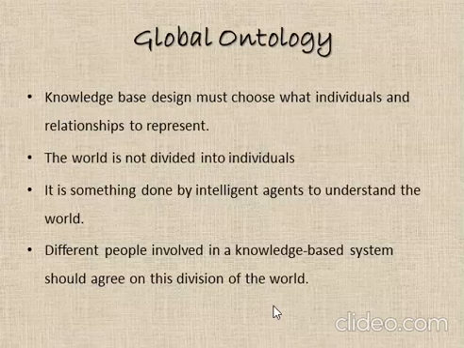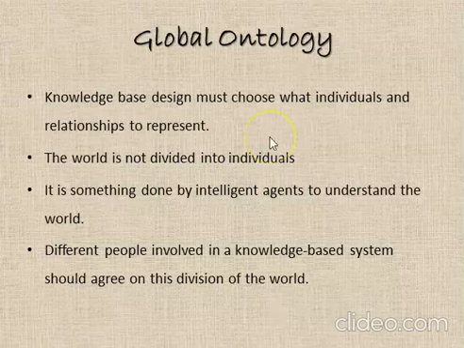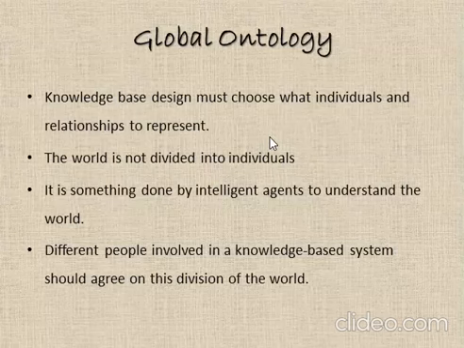The world is not divided into individuals. It is something done by intelligent agents to understand the world. And different people involved in a knowledge-based system should agree on this division of the world. So there should be some standardization in defining the entity in the world.